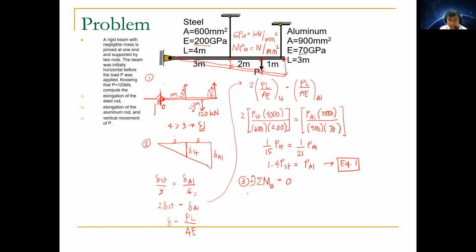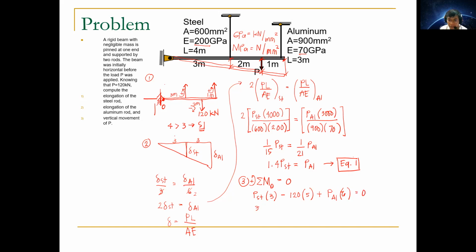So you're going to have force coming from steel times 3 meters, and then minus 120 times 5, then plus P aluminum multiplied by 6 equals 0.